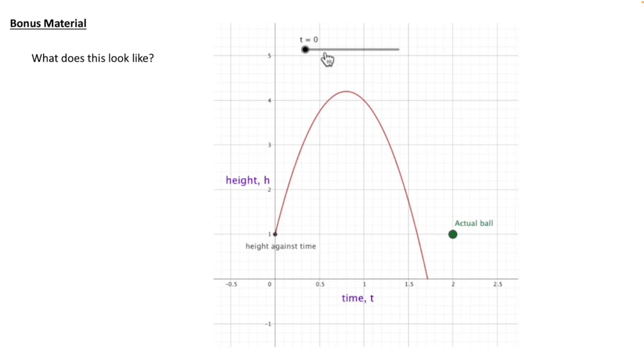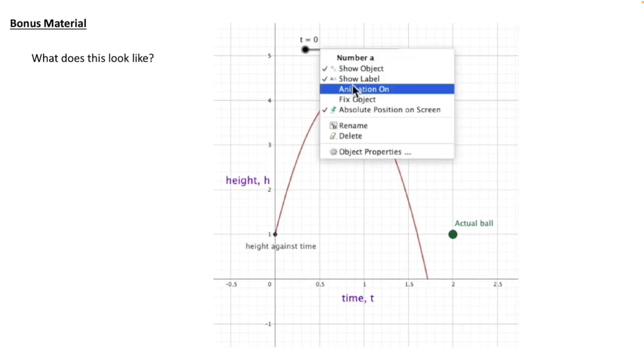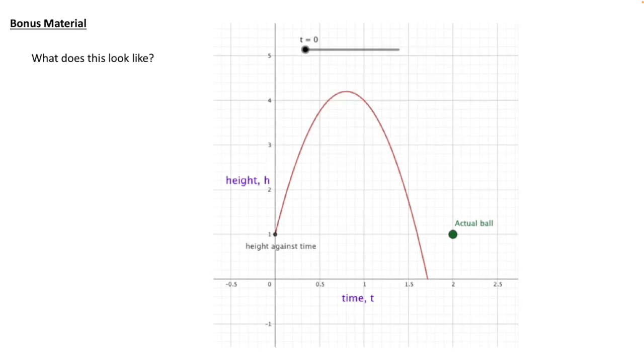So if we sort of keep an eye on the red curve, we can see that the height of the ball is mapped against the time. So off it goes, and it's going up, and notice it's travelling with a steady speed left to right, which is of course the time, but it does follow that curve for its height.